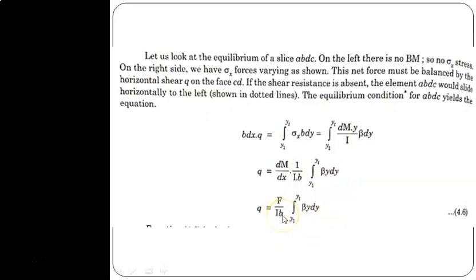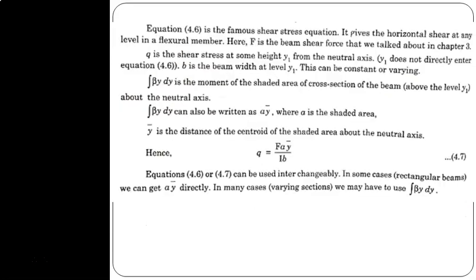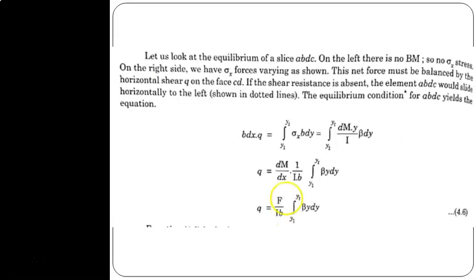So, V divided by Ib, since dM by dx is nothing but the shear force, into the integral from y1 to y2 of b y dy. That is the shearing equation for the given section.